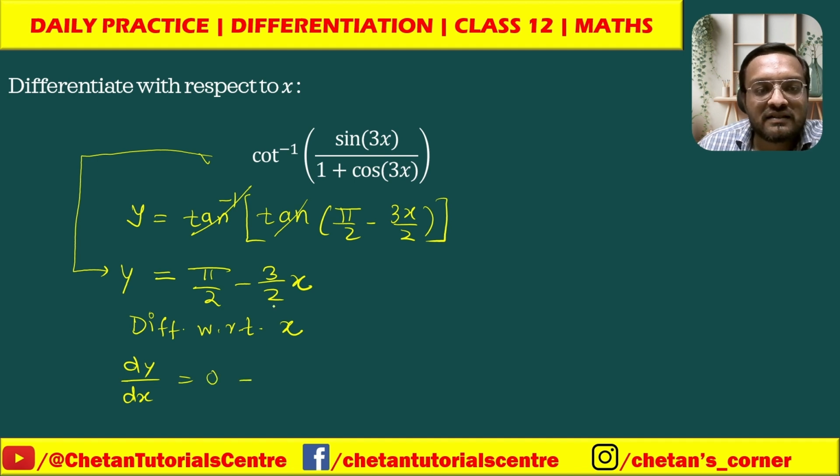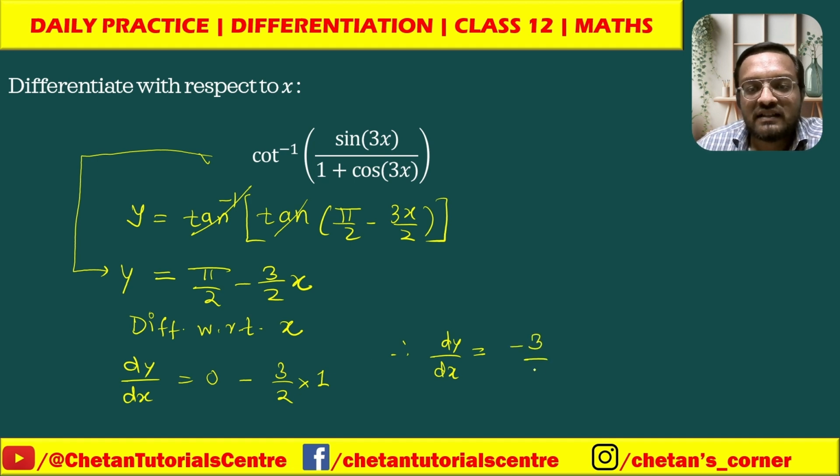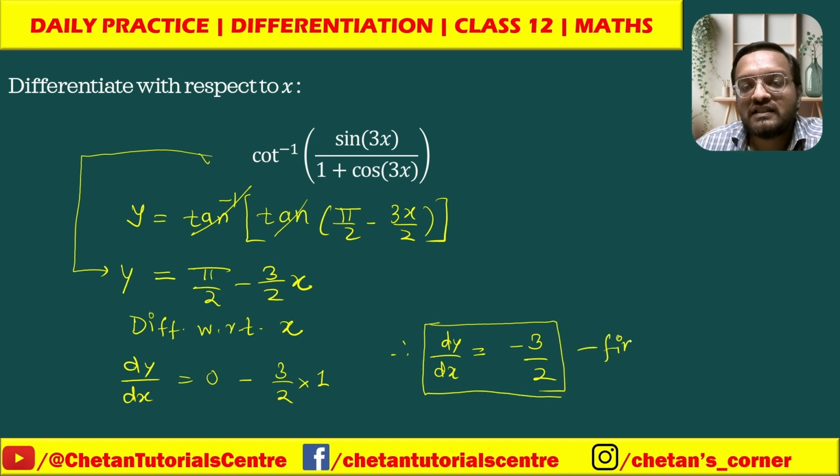So 0 minus 3 upon 2 into the derivative of x with respect to x, which will be 1. Therefore, dy by dx is equal to minus 3 upon 2 into 1, which will be minus 3 upon 2, which is our final answer for this question.